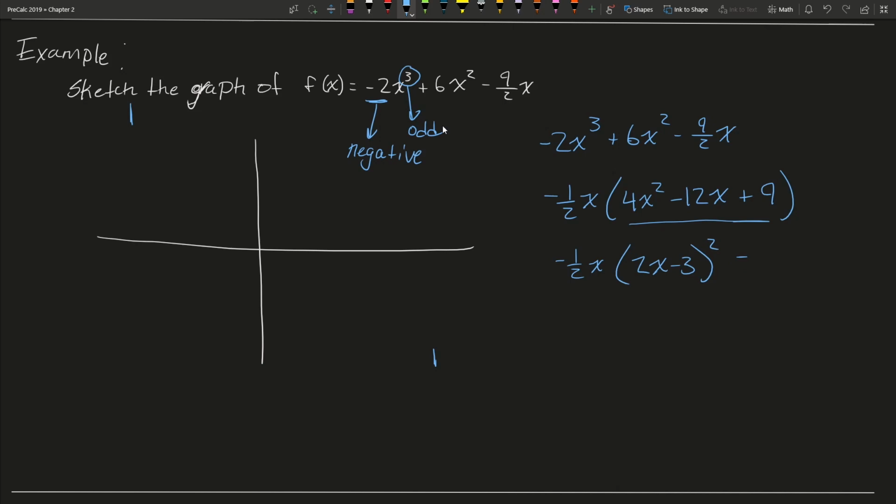So if we set that equal to 0, then we can solve for the x-intercepts. So negative 1/2 x is equal to 0, and 2x minus 3 is equal to 0. So x is equal to 0, 2x is equal to positive 3, so x is 3/2.